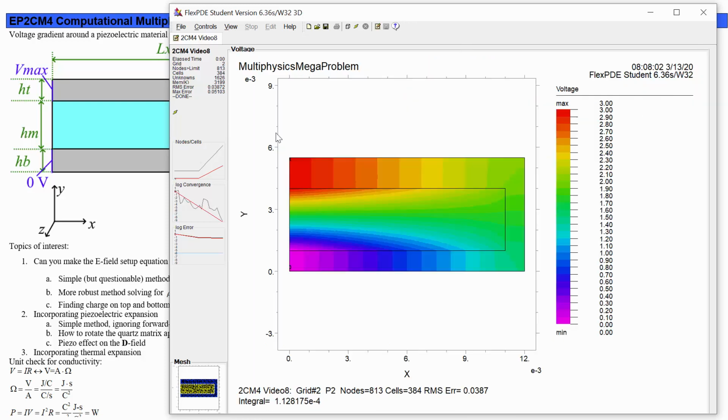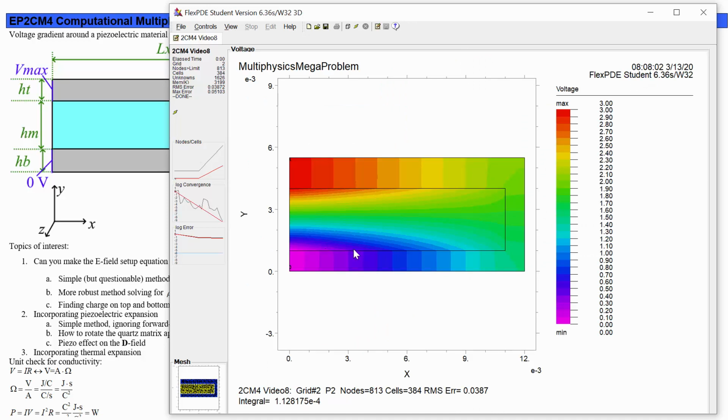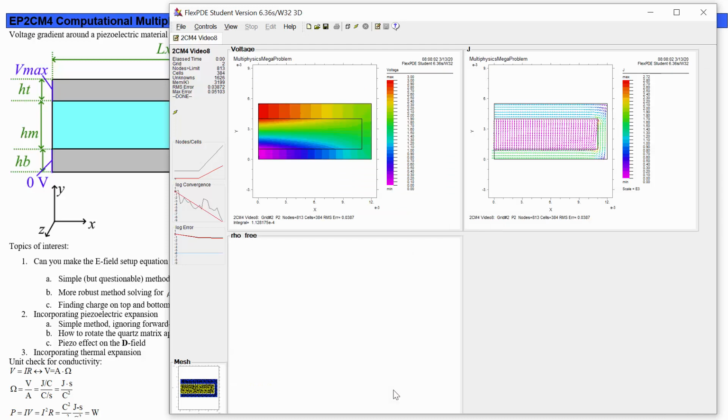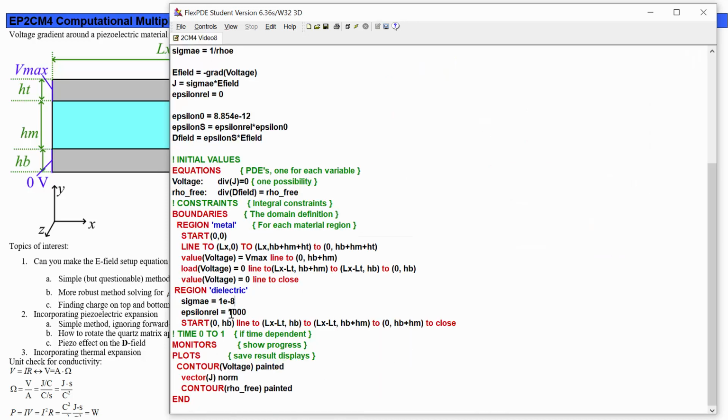And we get a voltage distribution, when the conductivity of the dielectric is 0, that is basically the same as what was happening before we were even doing this. But the permittivity does affect how much free charge density is going to be building up on this surface.